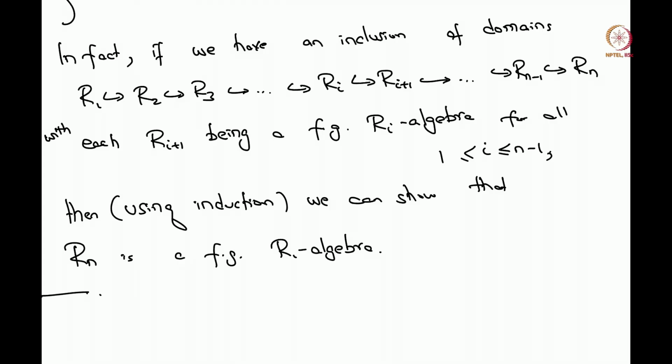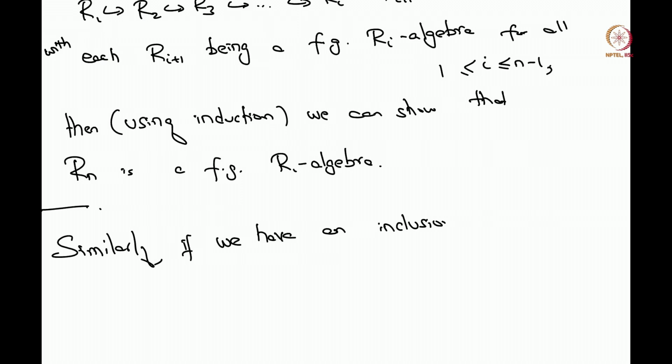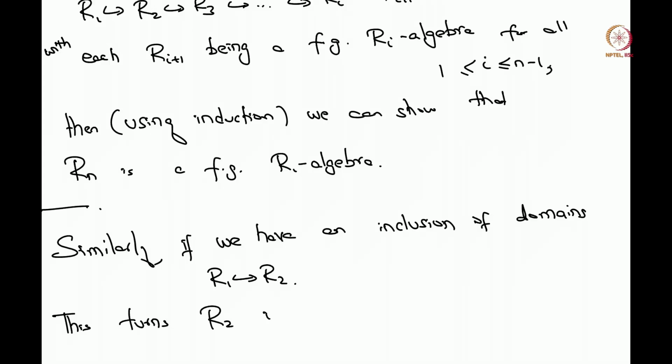Okay, so that was the algebra structure. But similarly, if you have an inclusion of rings, you also have a module structure. So suppose similarly we have an inclusion of domains R1 inside R2. This turns R2 into an R1 module.